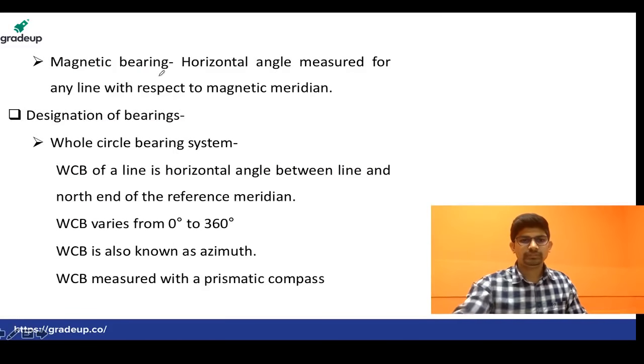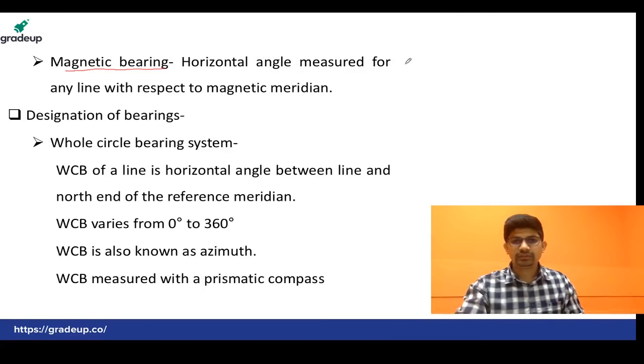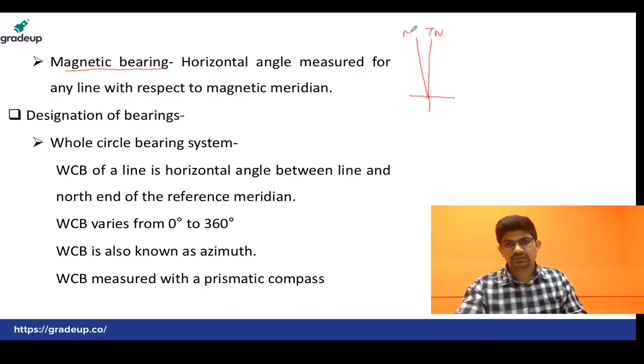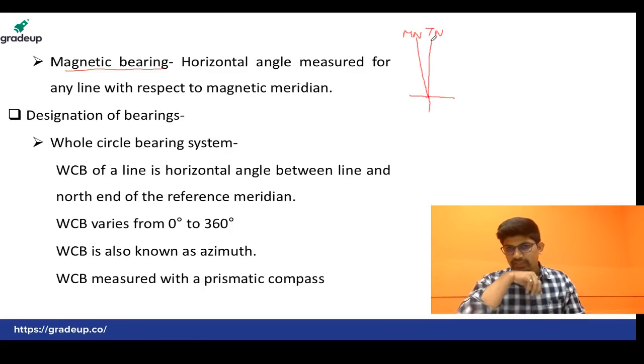Now coming to the magnetic bearing, the other kind of bearing. Like in the previous case, I am drawing true north, and let this be magnetic north. There is some error or declination in it. The true north and magnetic north are not coinciding, there is a certain difference between them.